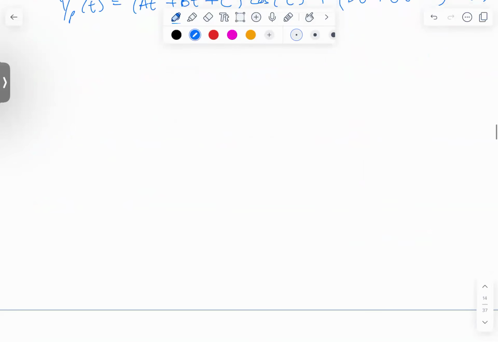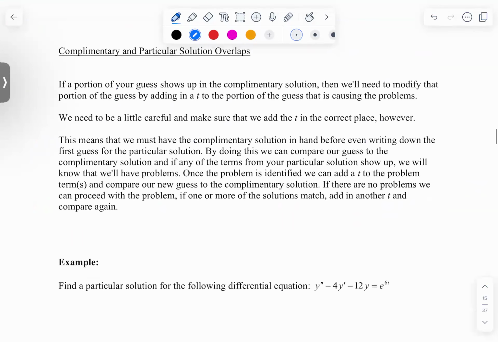What we're going to start seeing, and this is where it becomes really interesting, is complementary and particular solution overlaps. Everything we do, we need distinct equations, and we already saw this when we were solving in our chapter 3 material: we need distinct functions.